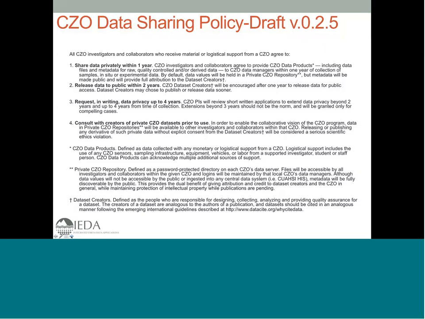But we decided to put it on hold for a year to just let it settle in. So 2 different agreements: one for anybody who uses the data that is public, and then this one is more about what a collaborator or co-PI on a CZO should agree to before essentially being allowed to collaborate within the CZO.